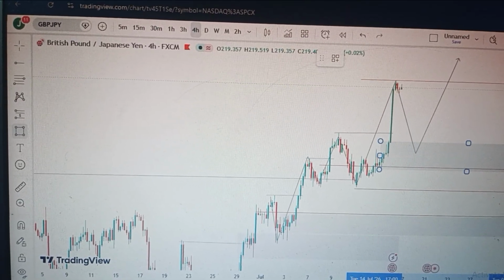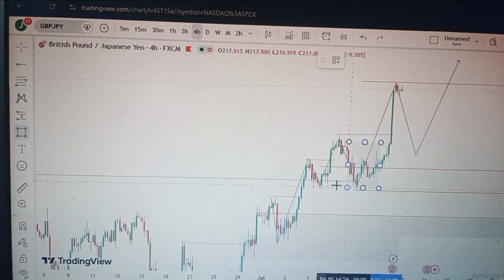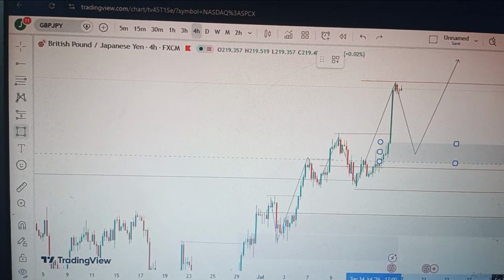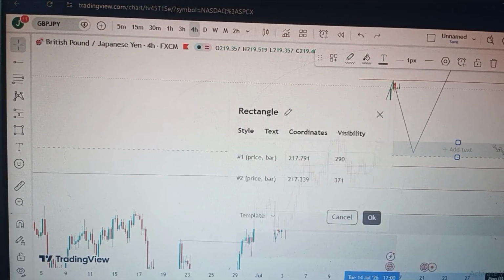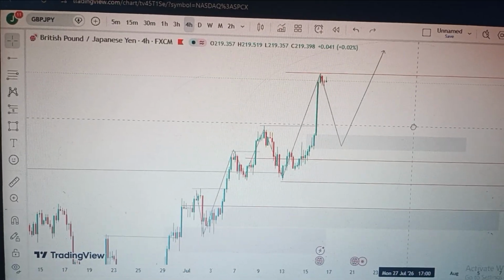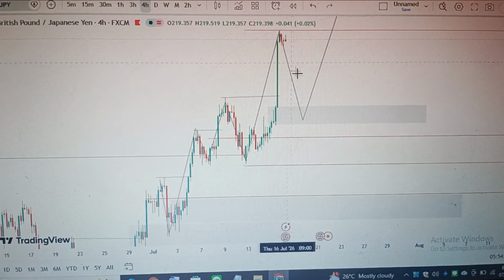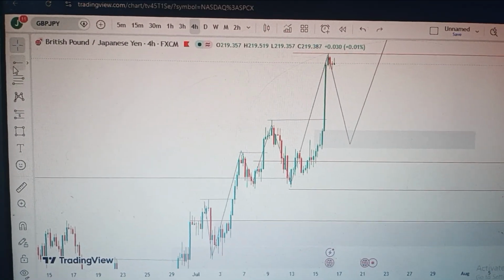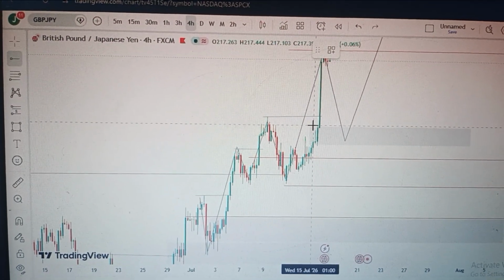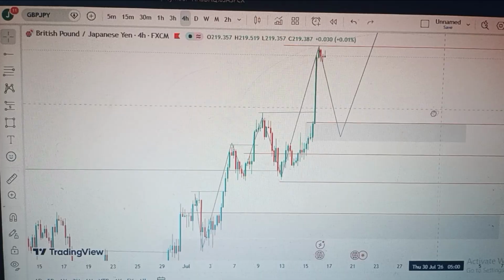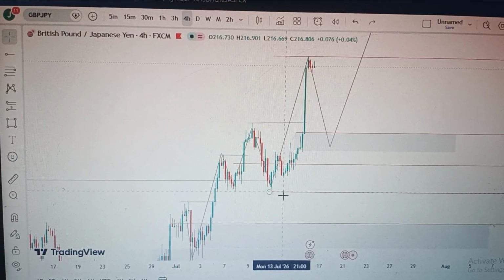The principles still remain the same. Since it has already broken out, this is our recent low, this is the original low that led to the break of structure. So once you have the break of structure, this is our swing high, and this is our trading range.